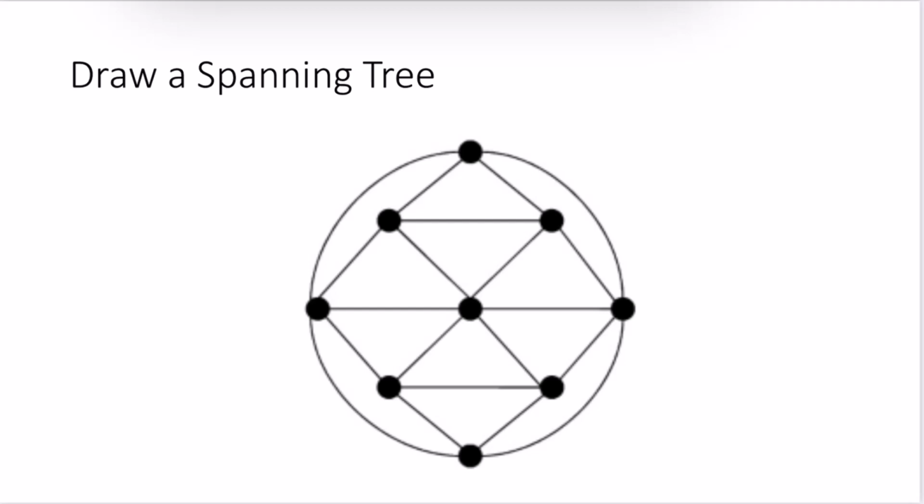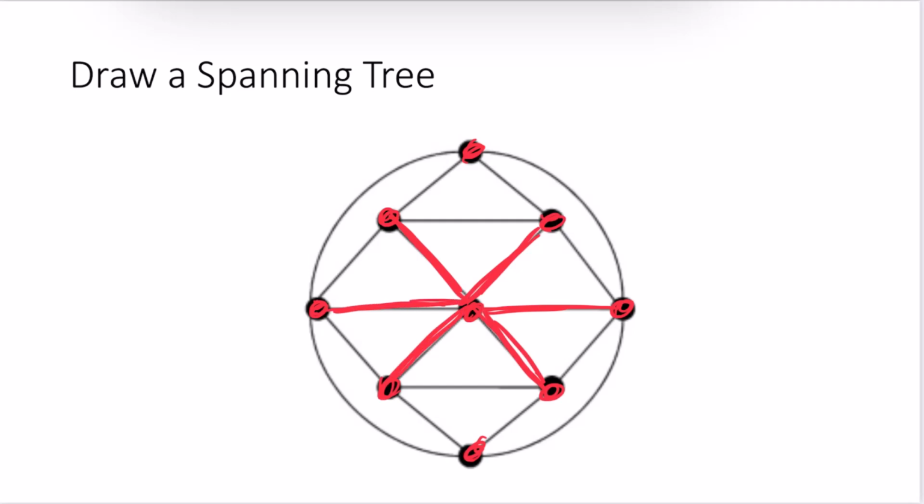So maybe I might say, okay, well, a spanning tree has to attach all of the vertices in the original graph. So my spanning tree is going to include all of the original vertices. And then these vertices need to all be connected, but without any cycles. So maybe let's just make this really easy and connect all of the vertices to this center one.